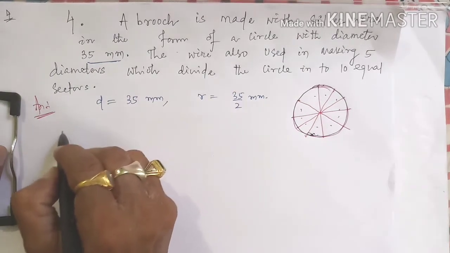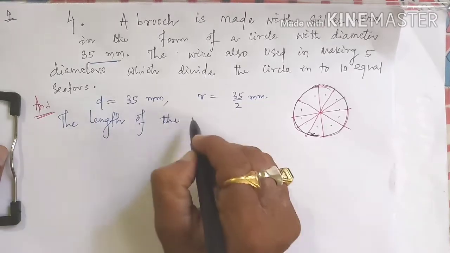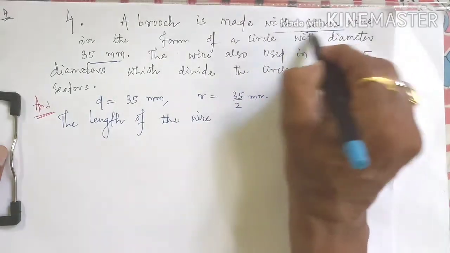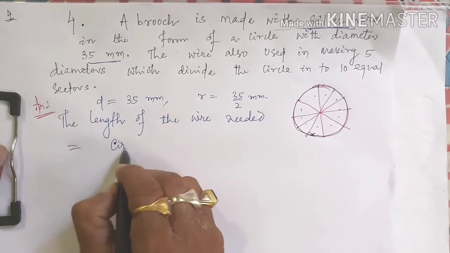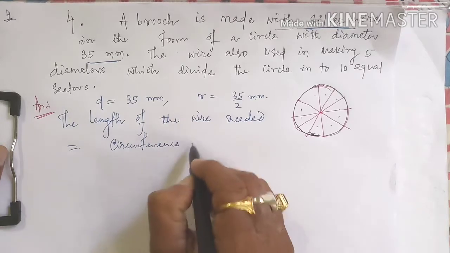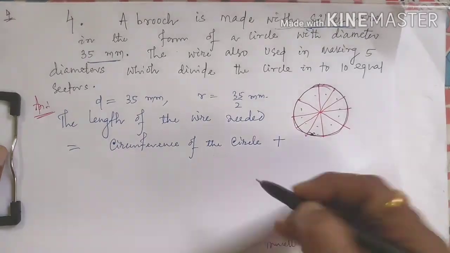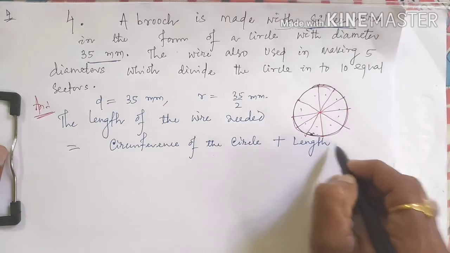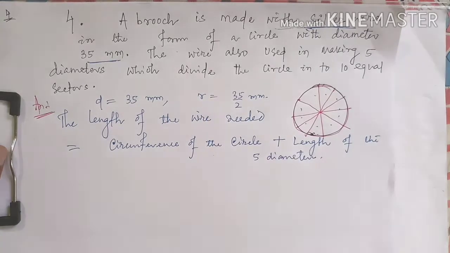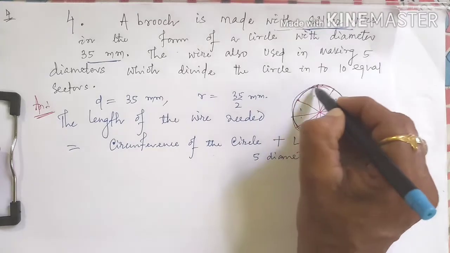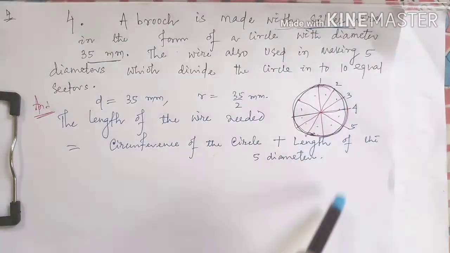So first of all, students, the length of the silver wire needed is equal to the circumference of the circle plus the length of the 5 diameters, because the silver wire is required around the circle and with the 5 diameters.